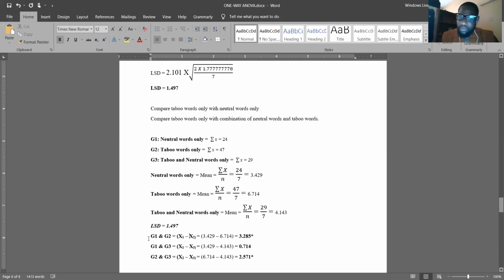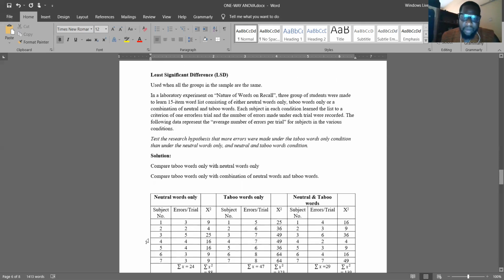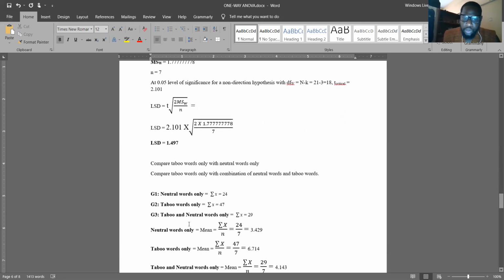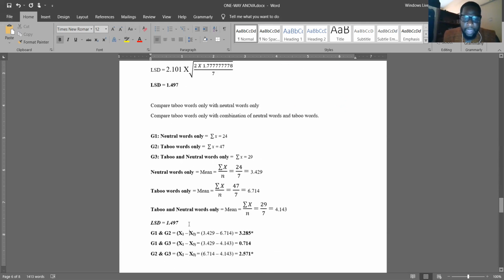When you check, group one implies that we have neutral words. So it means you are comparing neutral words only and taboo words only.